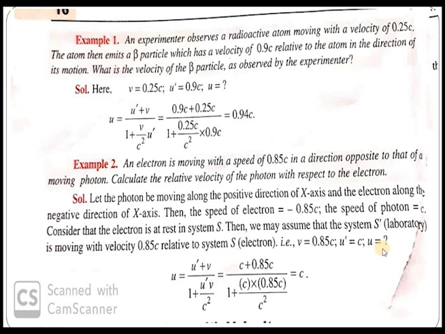Just consider the logic. We are assuming that the system S' is moving with velocity 0.85 c relative to the electron, which is at rest in system S. We have to find the velocity with respect to the photon. u' is c, v is 0.85 c, and we find u the same way. And u is equal to c.